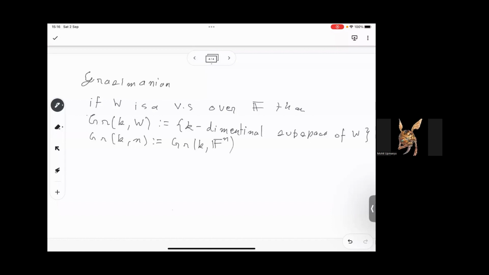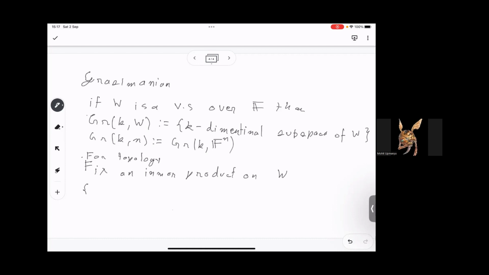So now we have just defined this as a set. So what one can argue is, how do you topologize the Grassmannian? So for topology, fix an inner product on W, right?